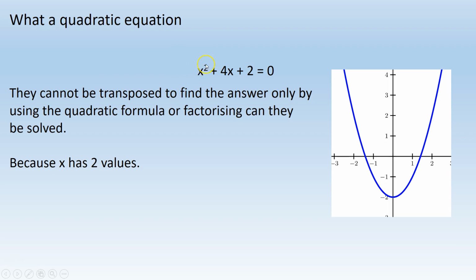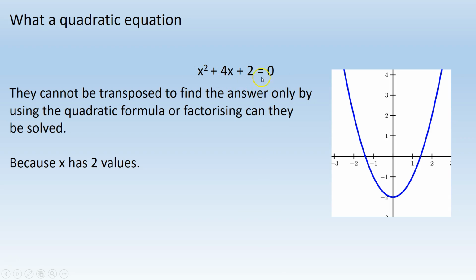But the first component is squared, plus 4x, where this component is x to the power of 1, it's not squared, it's not to the power of 3. And then we've got the last component here, which is just 2, on its own. So a quadratic equation is something x squared, plus something x, plus something equals 0.